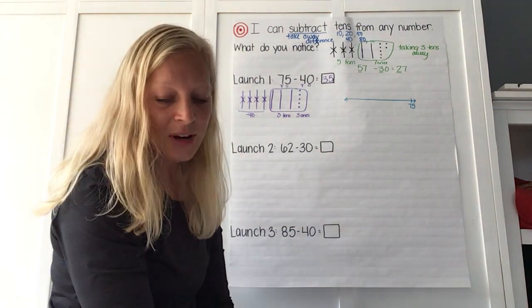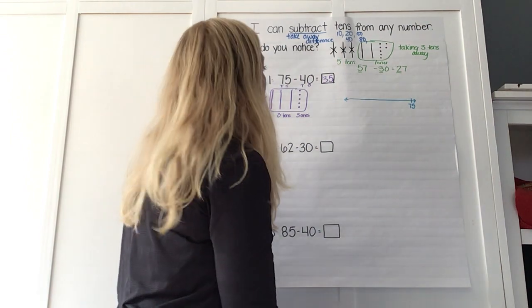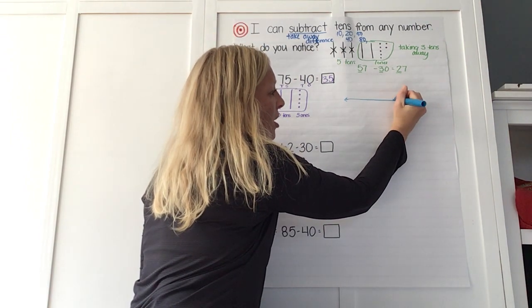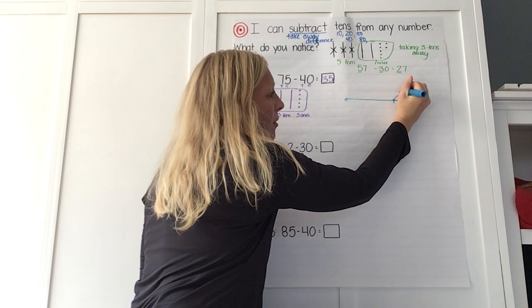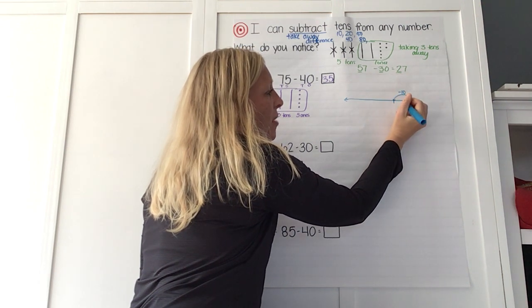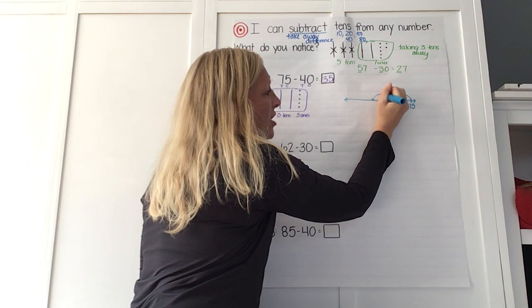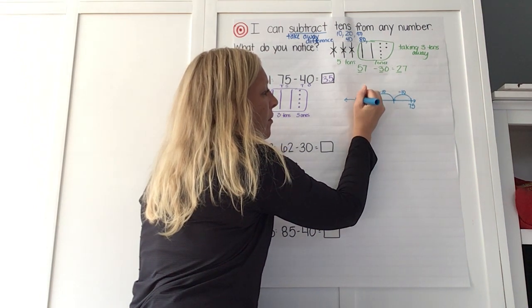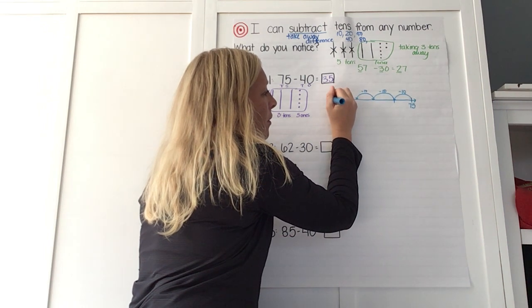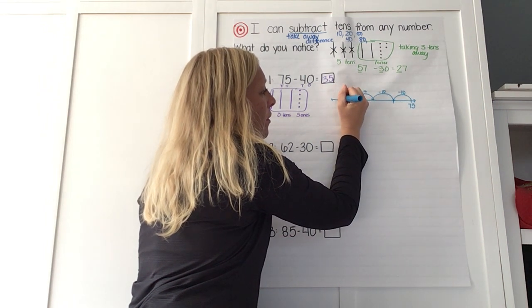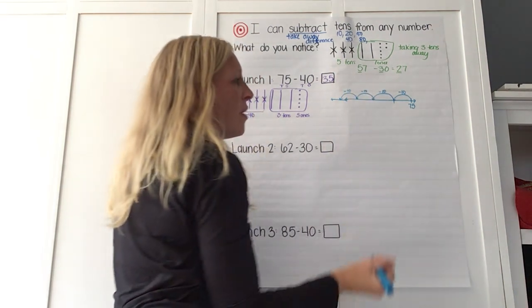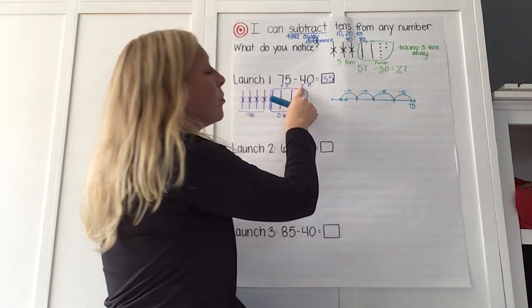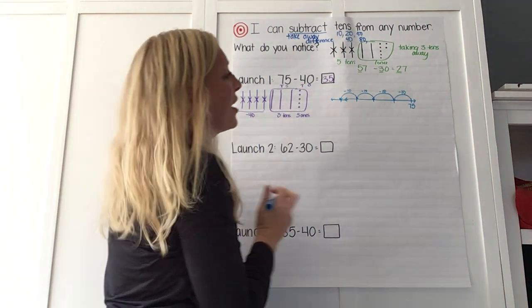Okay, what did you do next? You jumped back. What did you jump back each time you jumped back? And why did you make 4 jumps of 10? I might make my number line a little bit bigger. Why did you make 4 jumps of 10? Because you were taking away 40.